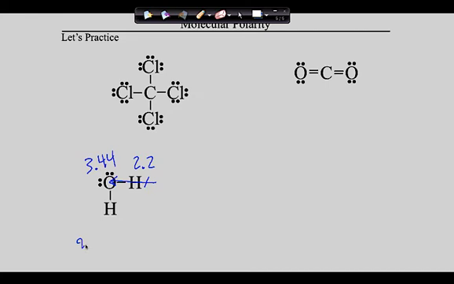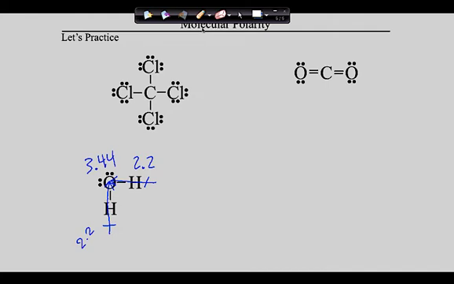Now here we also have a hydrogen with an electronegativity of 2.2, so that bond is also polar towards the oxygen. Understand, though, that these are not the arrows that you need to be able to draw in order to figure out the overall polarity of the molecule. The one that you've got to be able to draw in is the one that is the sum of both of these.